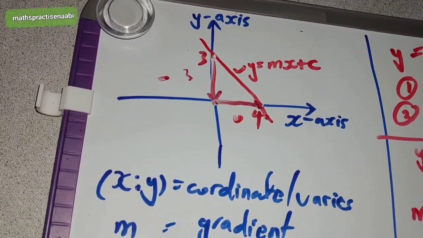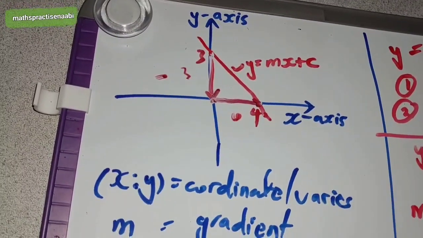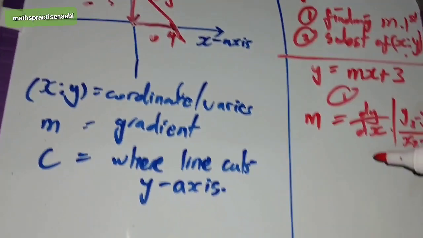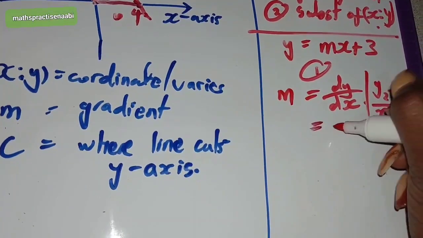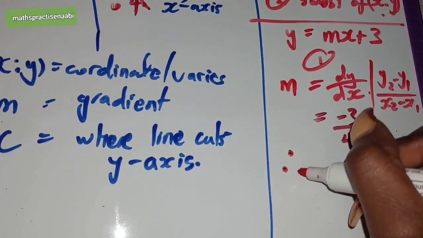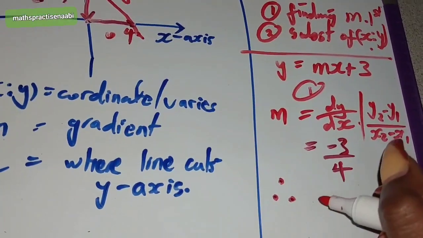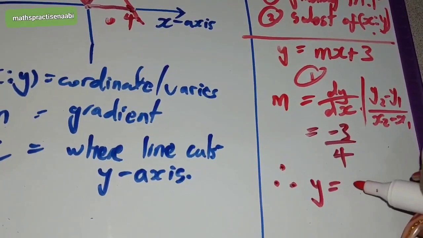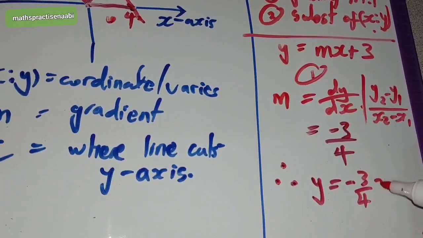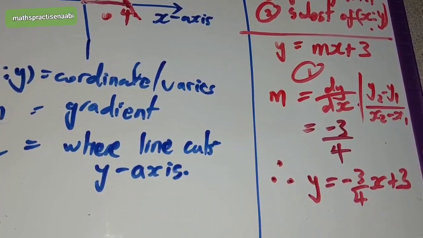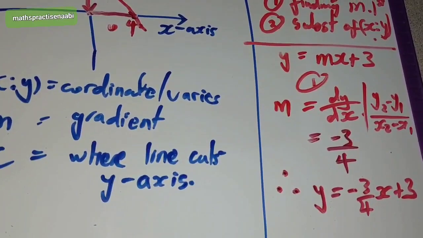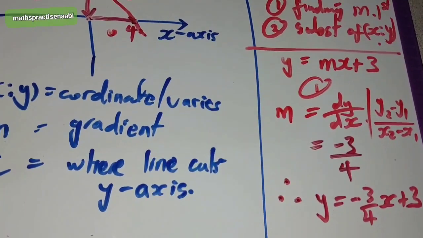This is positive 4. So our gradient now becomes dy is minus 3 over 4. Therefore, our equation of a line now will become y is equal to minus 3 over 4 x plus 3. That's our equation using the method of calculating gradient.